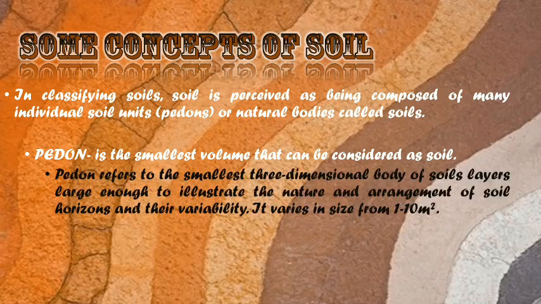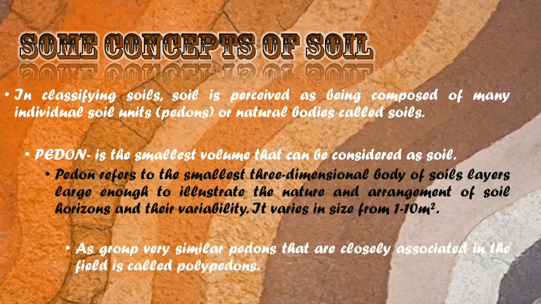It also refers to the smallest three-dimensional body of soil layers large enough to illustrate the nature and the arrangement of soil horizons and their variability. It also varies in size from 1 to 10 square meters. A group of very similar pedons that are closely associated in the field is called a polypedon.